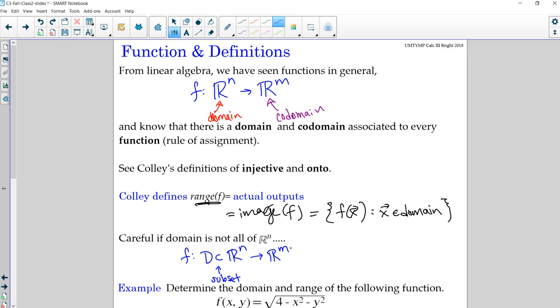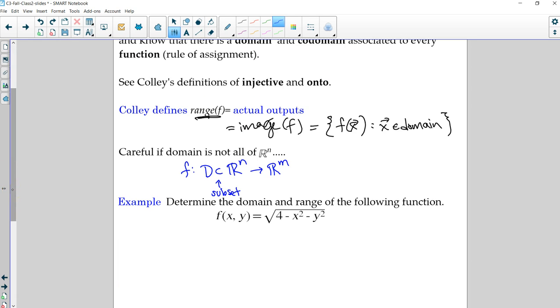If we go briefly over an example here, we want to determine the domain and range of this function here.